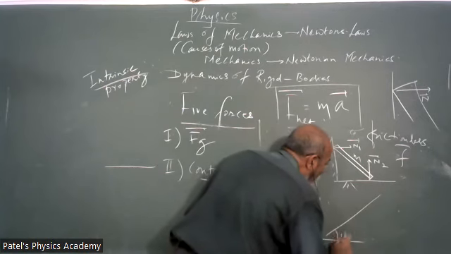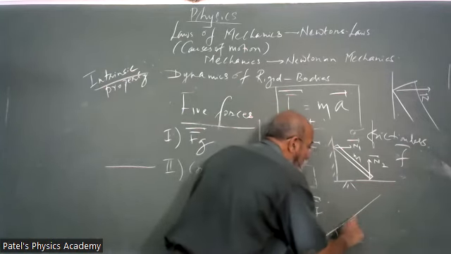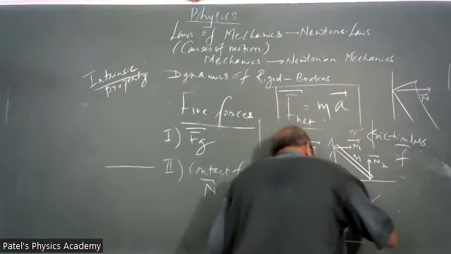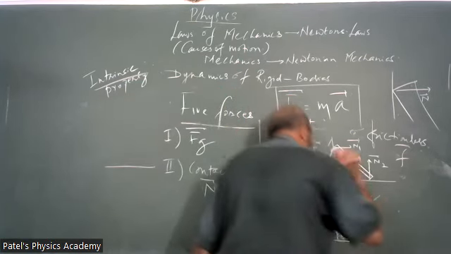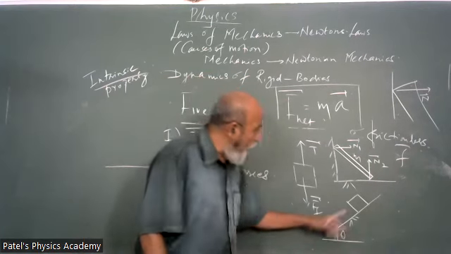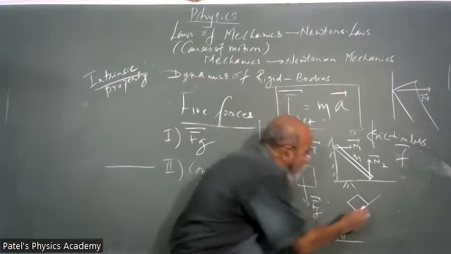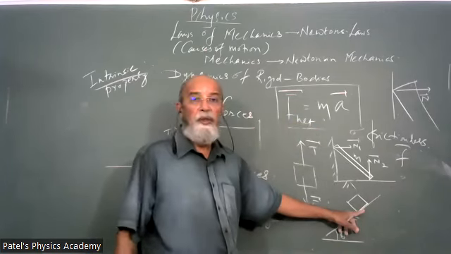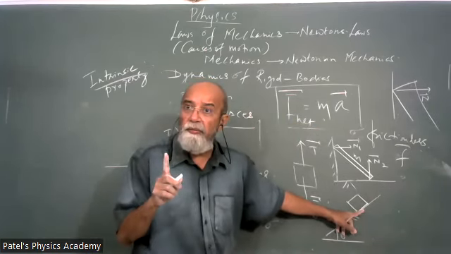I am on a hill. This is the ground, inclined, and this is my object. Then I will look at the surfaces in contact. This is this guy's surface and this is this guy's. Both are straight.